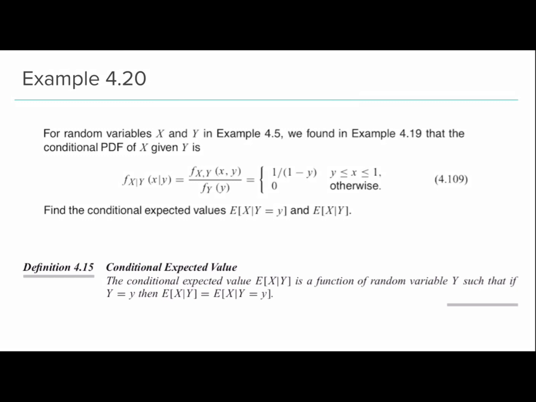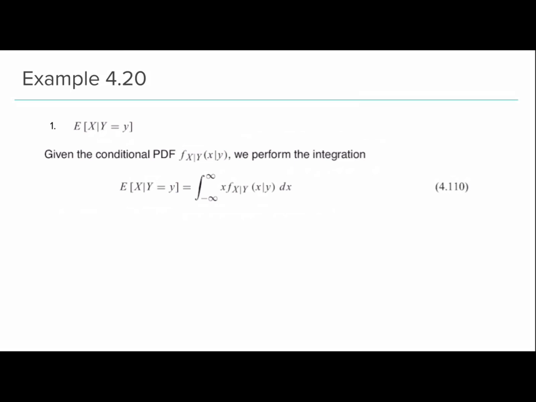So let's move forward. What we have to find is E of X given Y equal to small y, and we'll be using the standard formula for expectation, which is x multiplied by the conditional PDF of x given y and integrated over all possible values of x. So this is essentially the integral of x f of x given y dx from minus infinity to infinity.